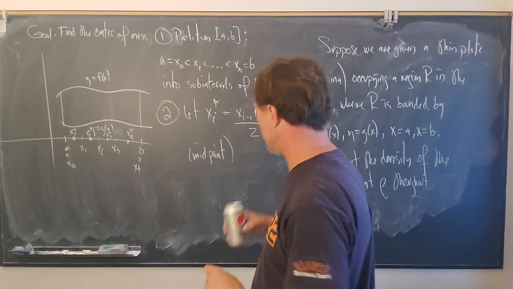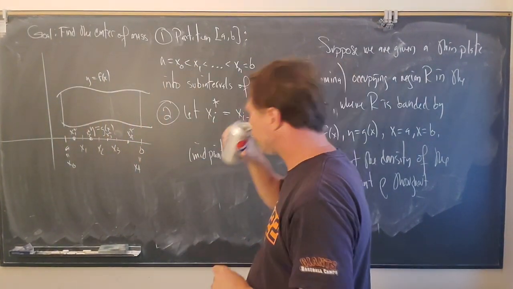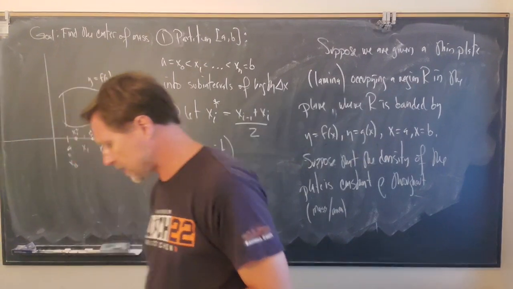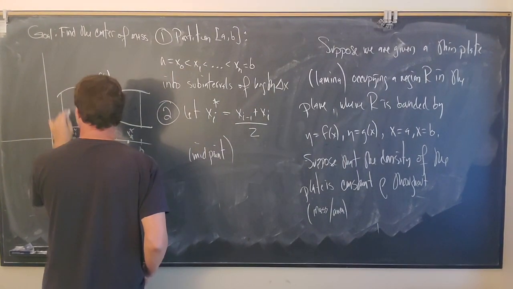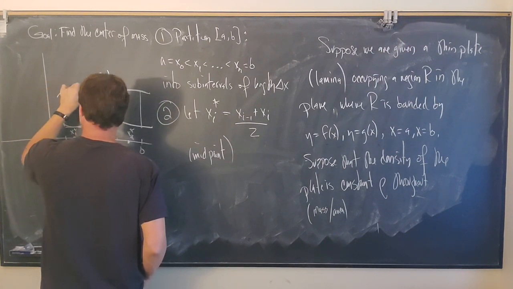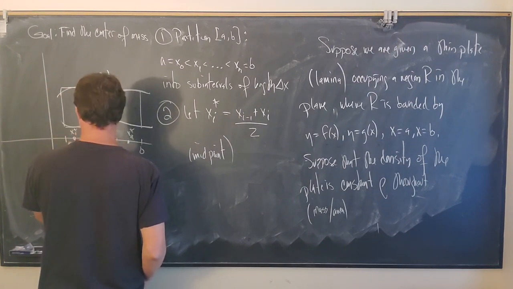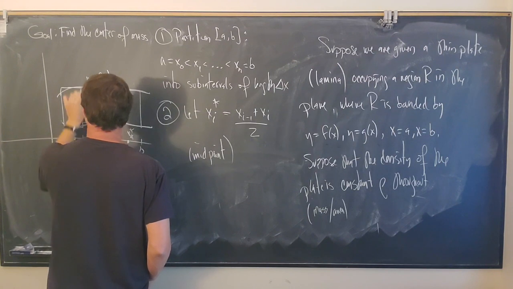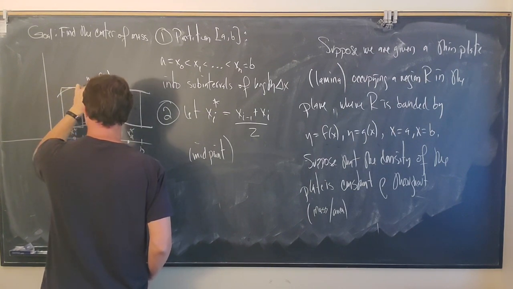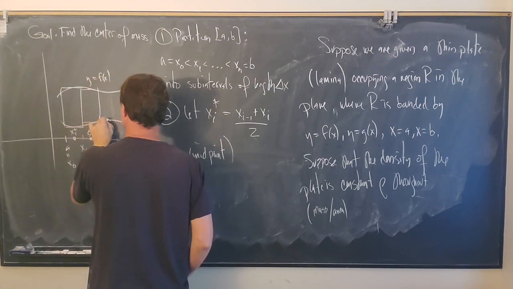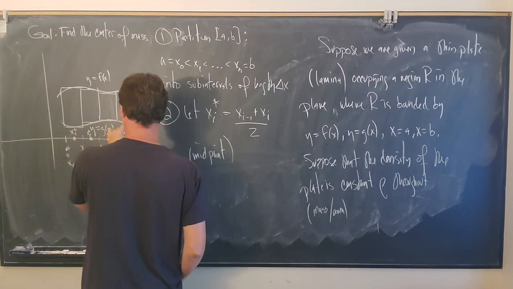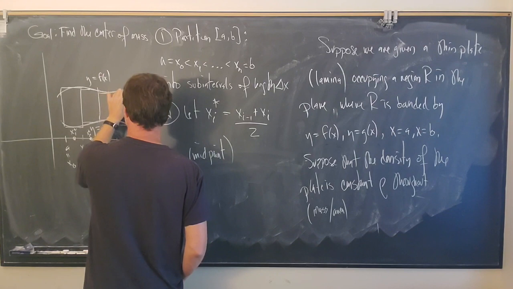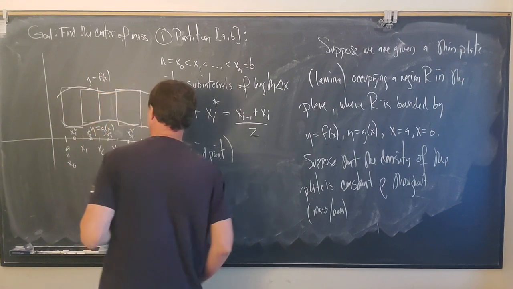Okay, so what this does is it allows us to form some rectangles. So you would go up, hit each of the graphs, draw little horizontal line segments, and that's going to create our rectangle. So this is all stuff that we've done several times already. Like that.